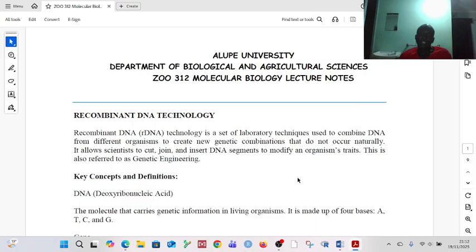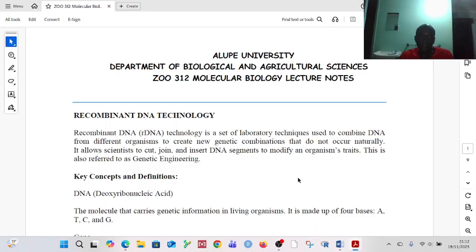So what this entails is you take two sets of DNA that you obtain from different organisms. So let's say you obtain DNA from a plant and you get some other DNA from a bacteria or even an animal. Then you combine these two different types of DNA from different organisms.